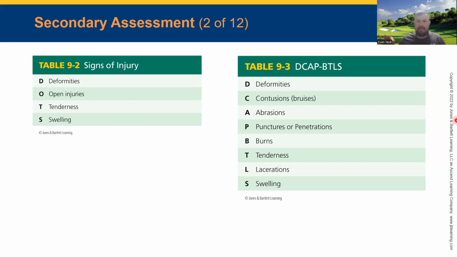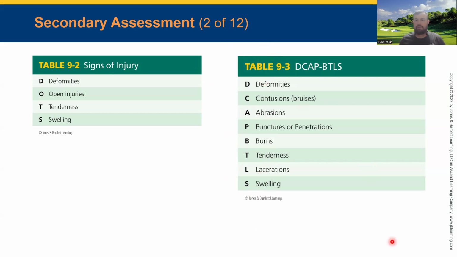And then DCAP-BTLS, which is this big thing right here. We are going to use this a lot during our skills. We're going to use this a lot in real life. Once again, you've heard me say it time and time again, verbalize everything you do.